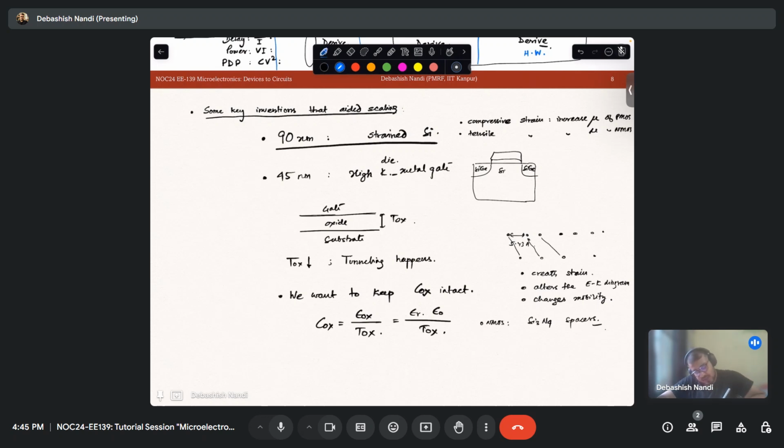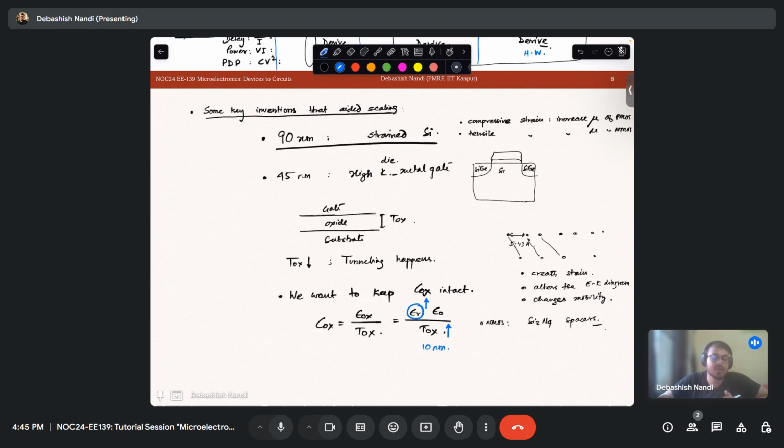So what do you want? You can increase this and decrease this, in other words, you can increase this, keep your Tox, let's say 10 nanometer, and you can use a different oxide material.